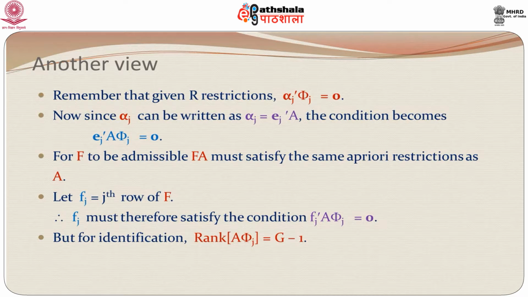A phi j pre-multiplied by F j gives us 0. So, F j must also be orthogonal to it, but as the rank says, there can be only one orthogonal vector for A phi j. So, in that case, obviously F j must be some scalar multiple of E j, and that is what we had been looking at previously from a different angle, so that the jth equation is identified if the jth row is a scalar multiple of the unit vector.